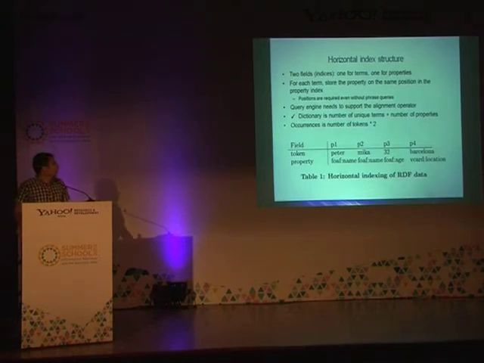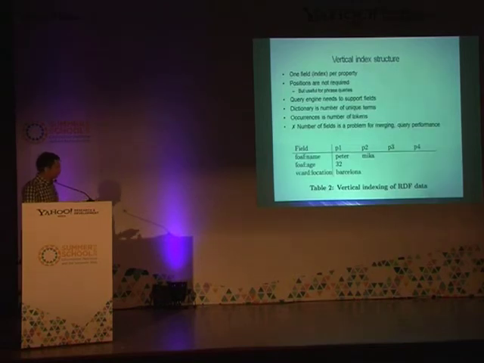In one field, you have the tokens in the data. In the other field, you store in which predicate's value this token appeared. So this is aligned along positions: the same position in different fields, in different indices, you find related information.